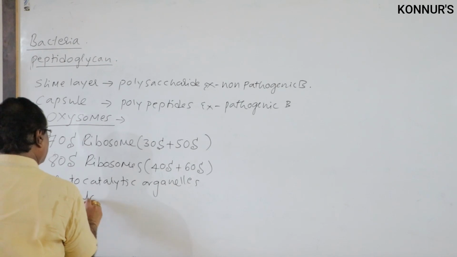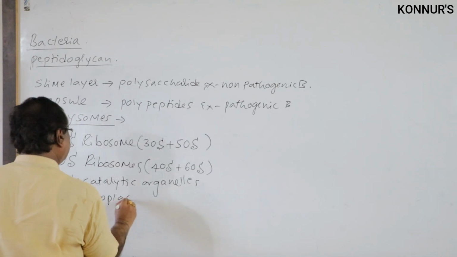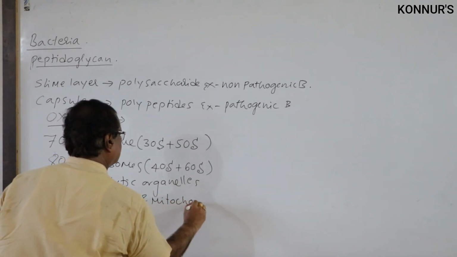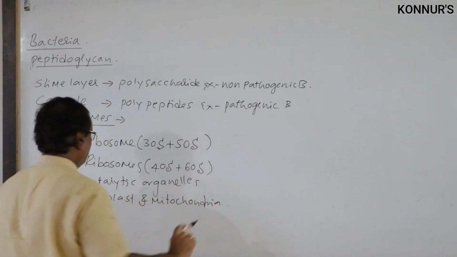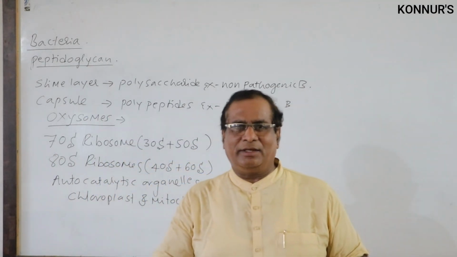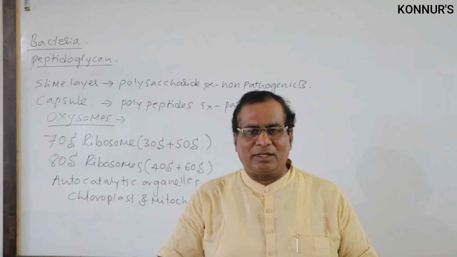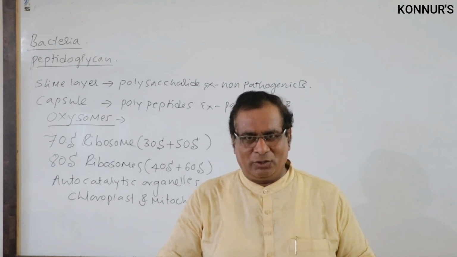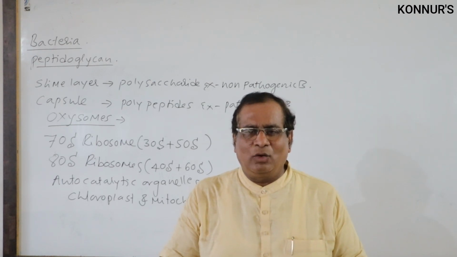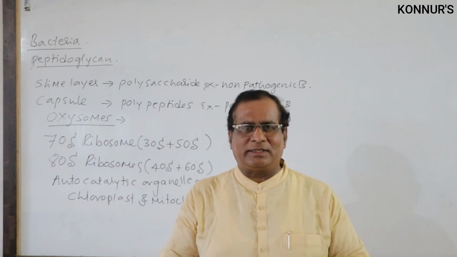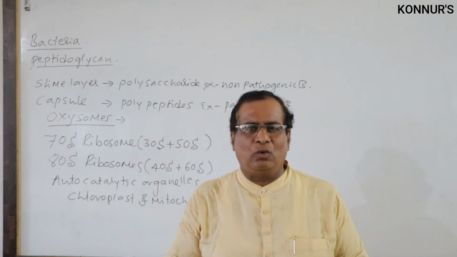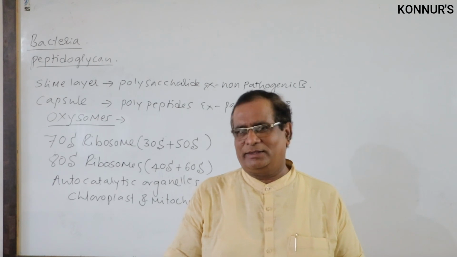Why are chloroplast and mitochondria considered autocatalytic organelles? Because they synthesize their own enzymes necessary for biochemical reactions. That's why they are said to be autocatalytic organelles.